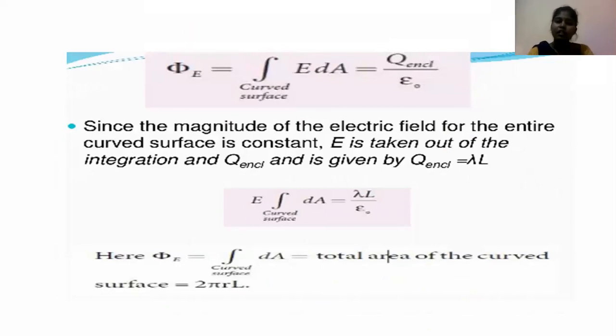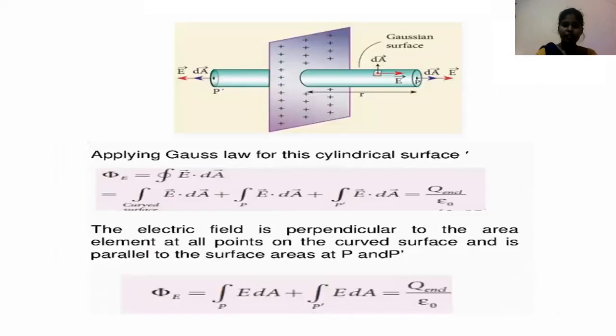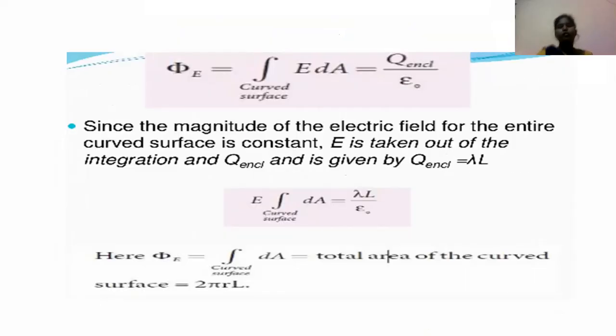So integral over the curved surface of E dot dA is equal to Q enclosed by epsilon naught, from Gauss law. Since the magnitude of the electric field is constant over the entire curved surface, E can be taken out of the integral. So E integral dA is equal to Q enclosed by epsilon naught.